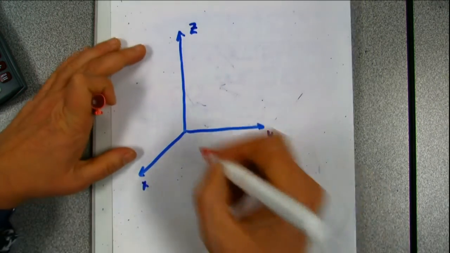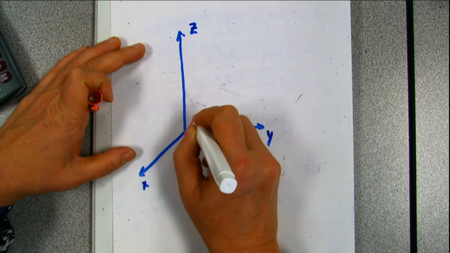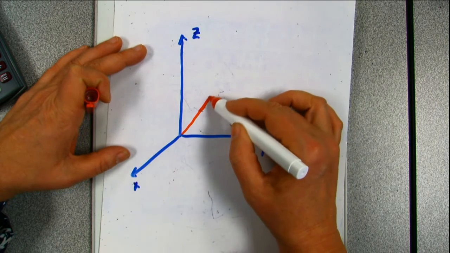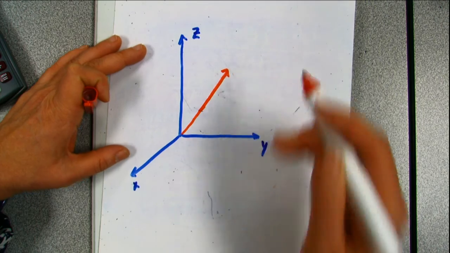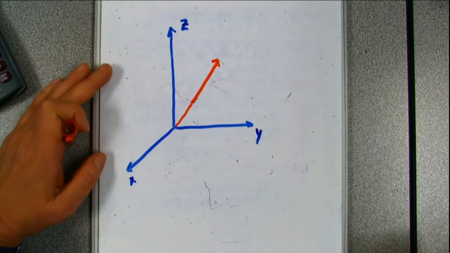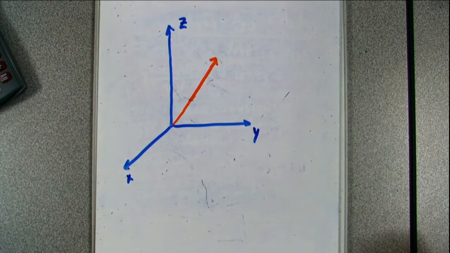So I'm going to give myself a vector. Okay, so there's my vector. Now, your book can give you all kinds of fun ways to give you this vector.